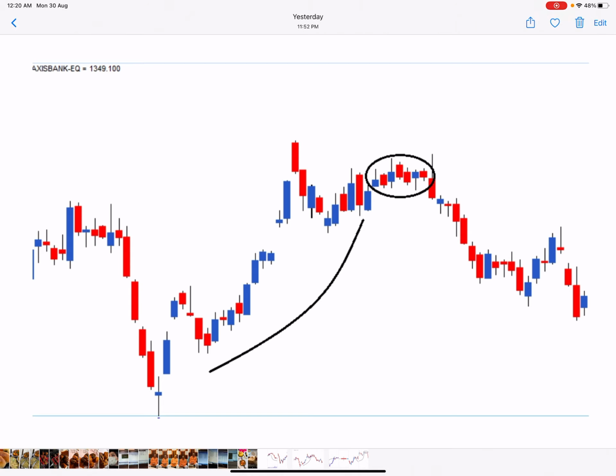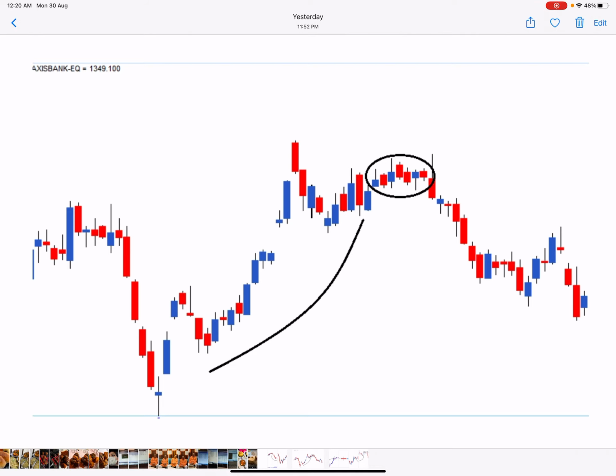The bulls could be consolidating their position before initiating another leg of the up move, or the bulls are fatigued and may give way to bears. Hence, a correction could be around the corner. The chance of both these events taking place is equal, that is 50%.